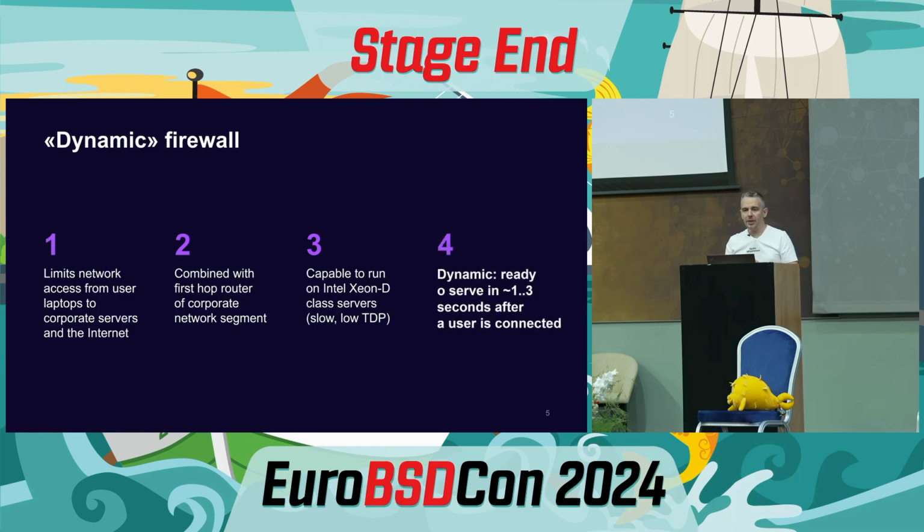And the main reason why we call this firewall dynamic is that when a user connects to the network, the firewall is configured for processing the user's traffic within 3 seconds. Let's take a look at the access rules, how we do it, what is inside, and how we deal with it.